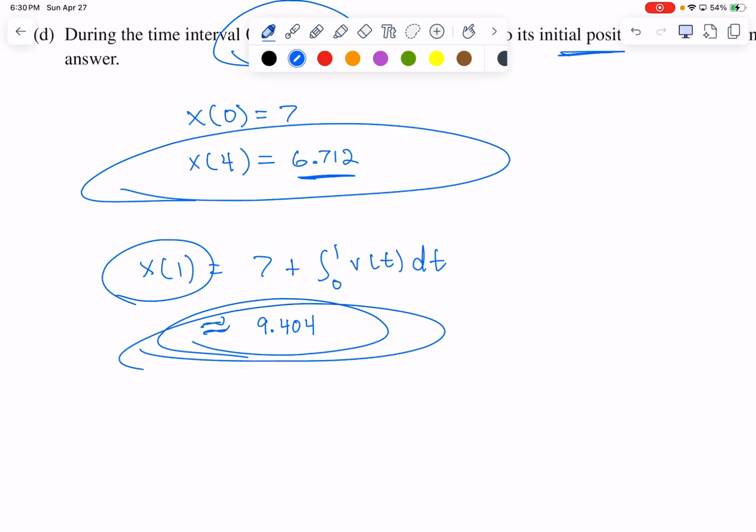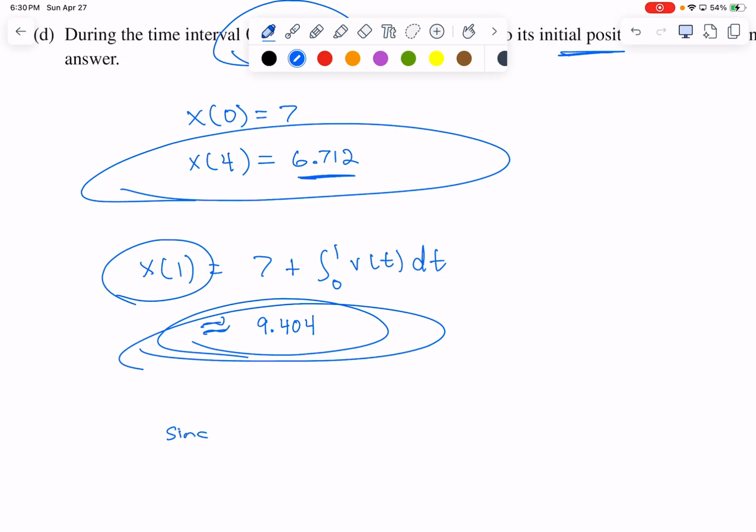And that's by IVT. So what you would say, your justification here is you'd say from t equals 1 to t equals 4, the particle moves, or actually let's do it this way, I think it's easier.